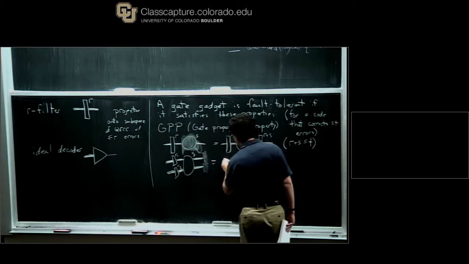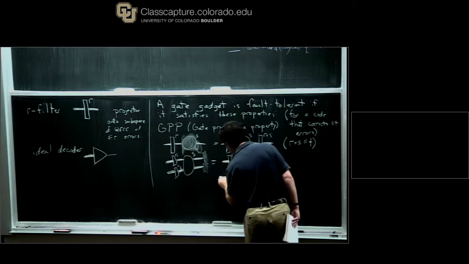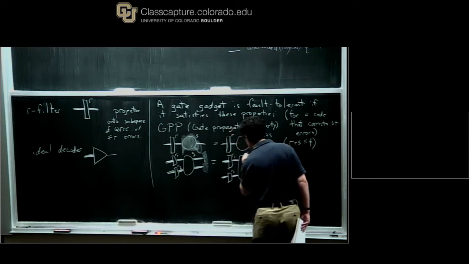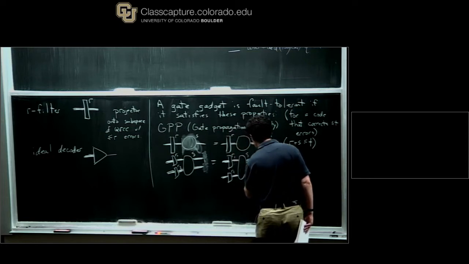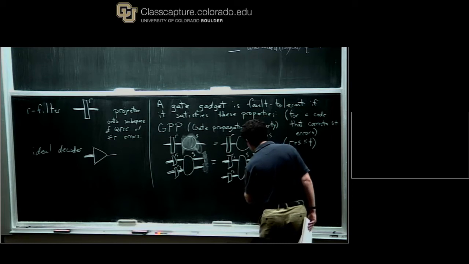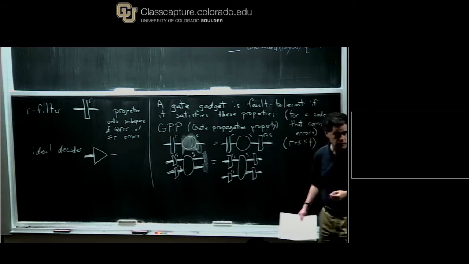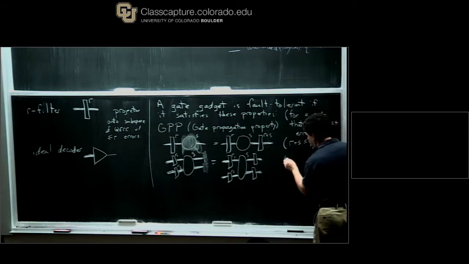So this should be equal to the same thing, but with some filters on the end. And so the question is, what should these filters be? And we're going to assume here that R1 plus R2 plus S is less than or equal to T.